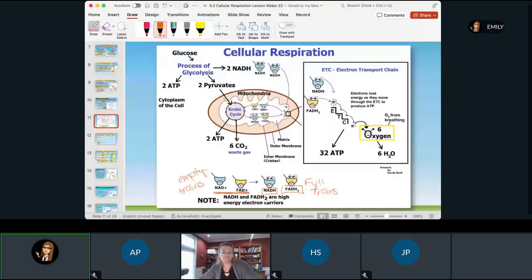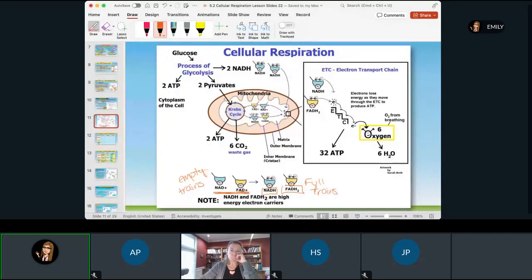So if I drop off the hydrogens and electrons and I'm left with an empty train, what is NADH minus the H from the hydrogen? It's NAD. And then how do I remember that it's positive? Well, electrons are negative. So if I take away a negative, I'm left with a positively charged train. So I have NAD plus.